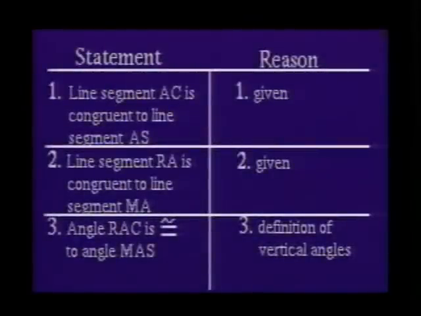Statement number 1. Line segment AC is congruent to line segment AS. The reason, it is given. Statement number 2. Line segment RA is congruent to line segment MA. The reason, it is given. Statement number 3. Angle RAC is congruent to angle MAS. The reason, definition of vertical angles.